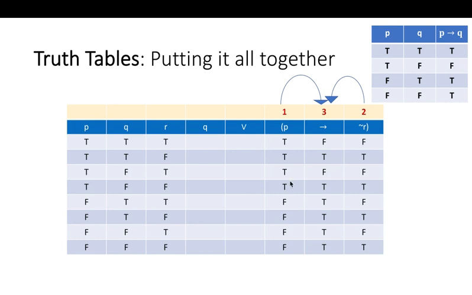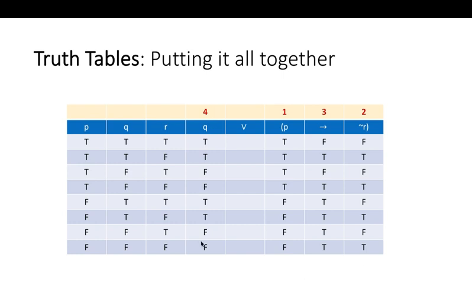True, false, false. True, false is false. True, true is true. False, false is true. False, true is true. And false, false is true, and false, true is true. So if false, then true is true. So right here you have the truth table for the conditional part of this compound statement.